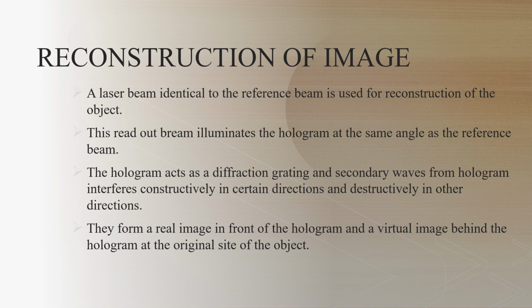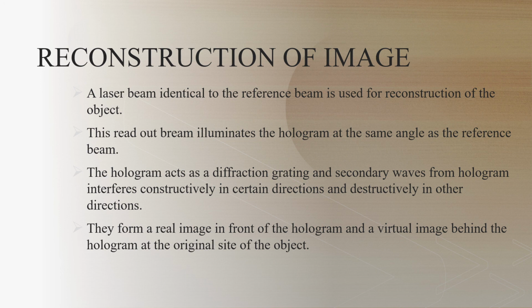Reconstruction of image. A laser beam identical to the reference beam is used for reconstruction of the object. This readout beam illuminates the hologram at the same angle as the reference beam.